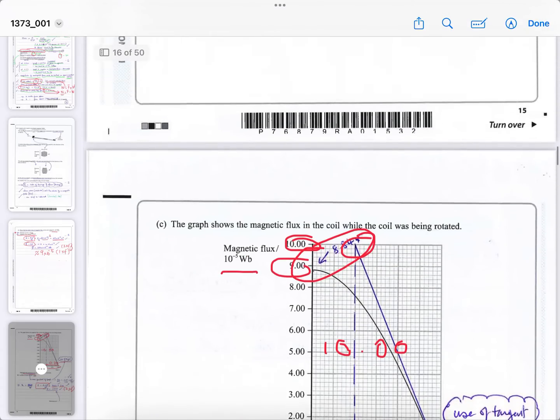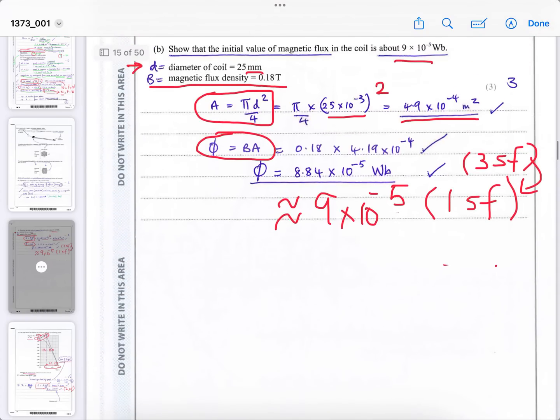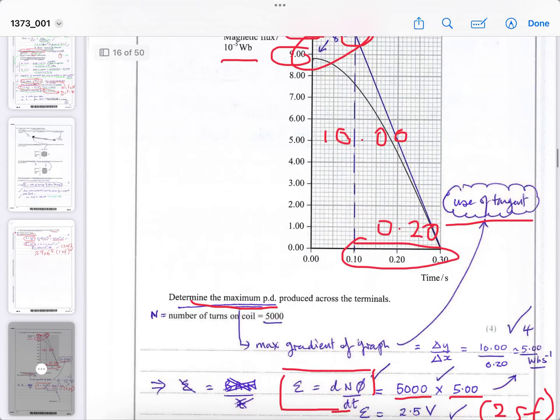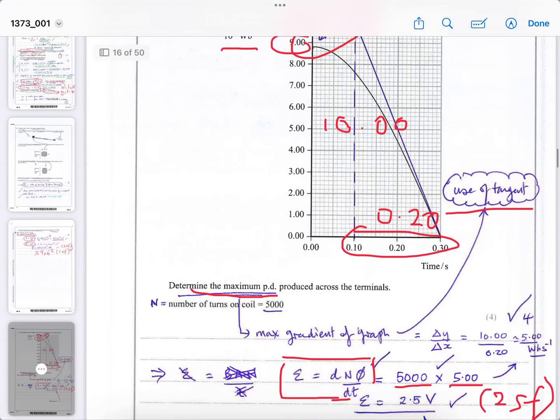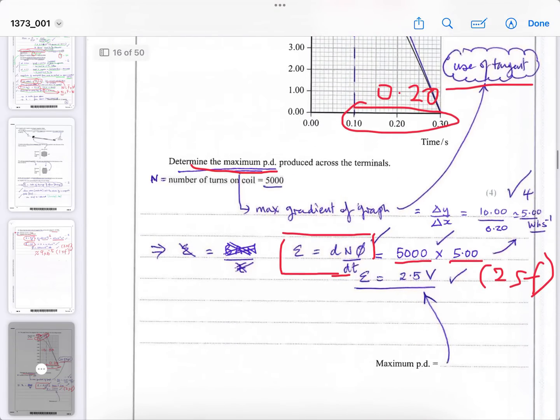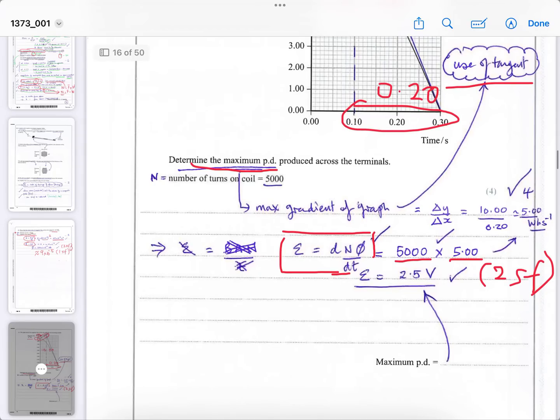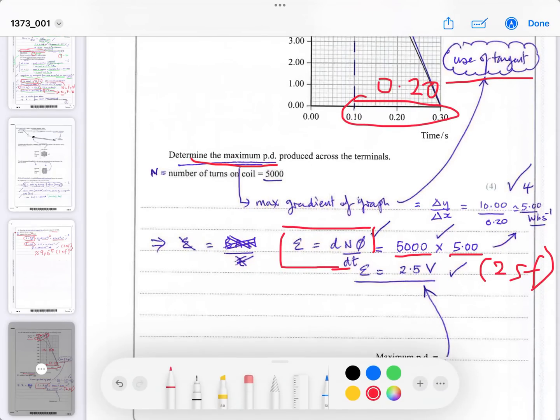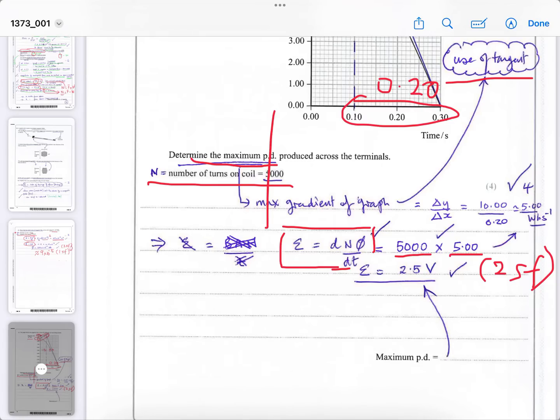So the 5,000 comes from, oh yes, the 5,000 is the number of turns, so each of the turns is changing at a rate of 5 Webers per second, 5,000 of them, so you multiply the number of turns, N, by d phi by dt, which is the gradient, so d phi by dt is what we got here. Oops, apologies.